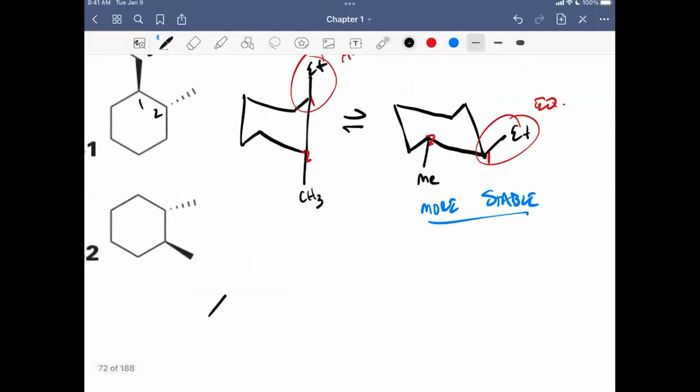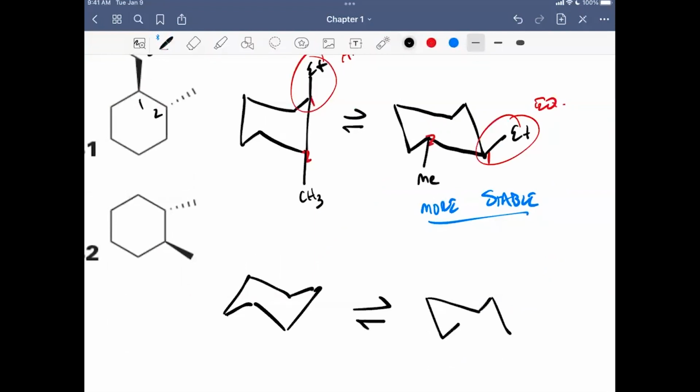Our last one here, that's too slanted. Okay. Let me say that's carbon 1 and carbon 2. 1, 2.